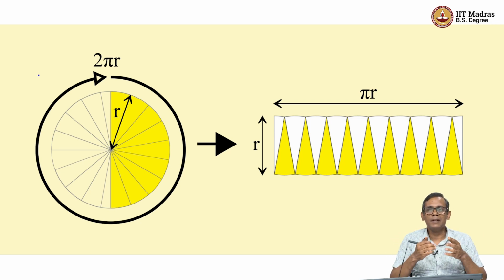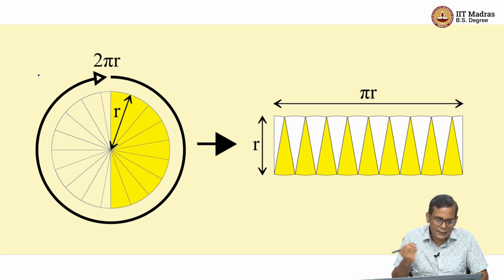Now we know about limits, so we could ask, as we increase the number of wedges that we cut the circle into, if that number goes to infinity, why would this converge to the area of a rectangle? So these are the kinds of issues that we will tackle while talking about the Riemann integral.